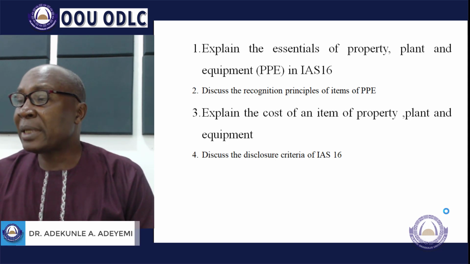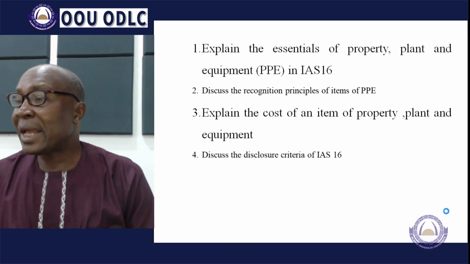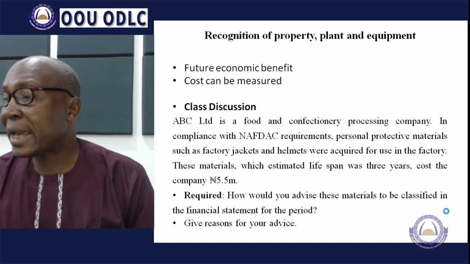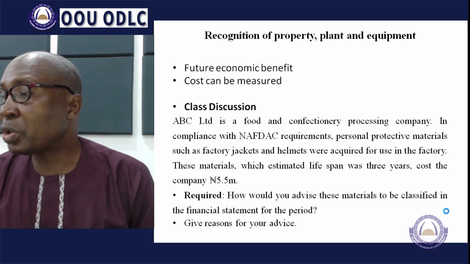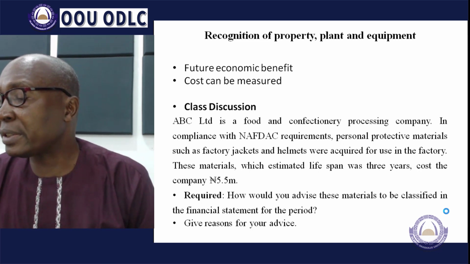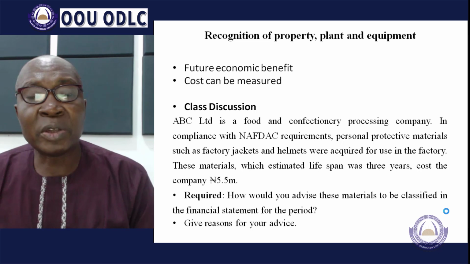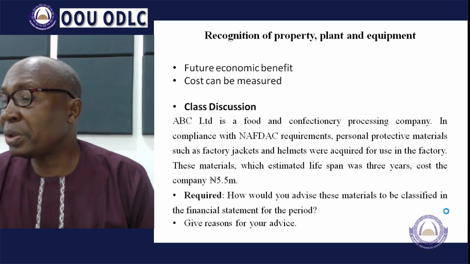The property, plant and equipment are tangible items that could be felt, that could be seen, and that could be held. They are defined as held for use in the production or supply of goods or services, for rental to others or for administrative purposes, and they are expected to be used during more than one period.